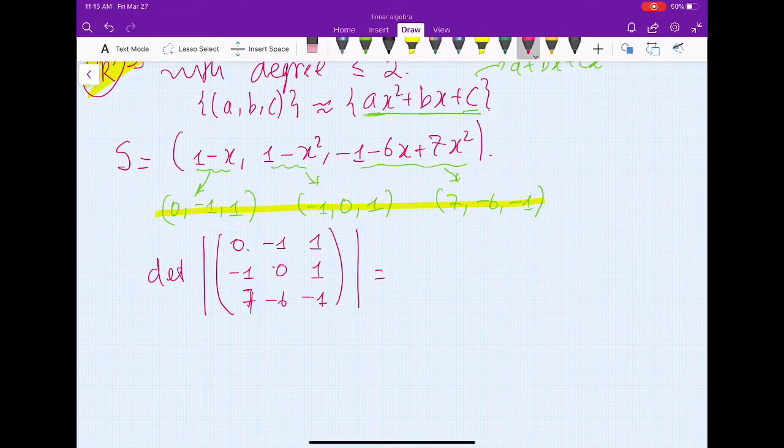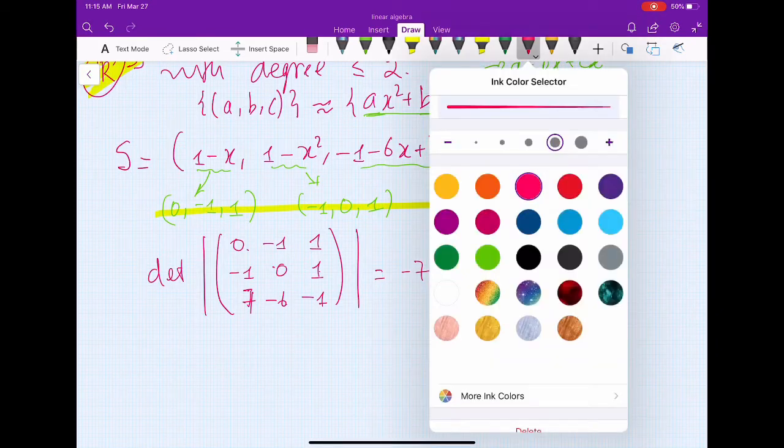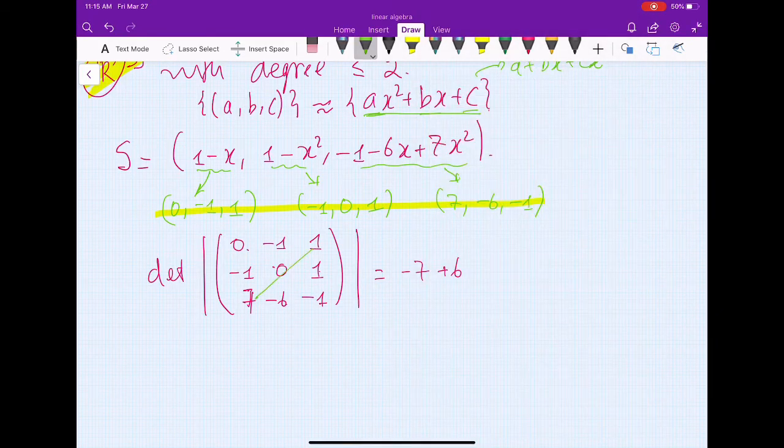I have 0, 0, negative 1, which is 0. Negative 1 with 1, 7: I get negative 7. Negative 1, negative 6 with 6, with 1 is just 6. And then another one is 0 with the other diagonal right here. So I have 0 minus negative 1.